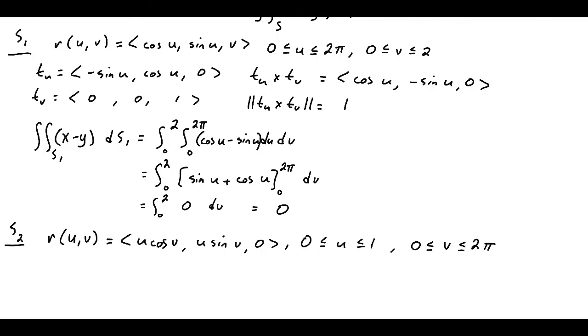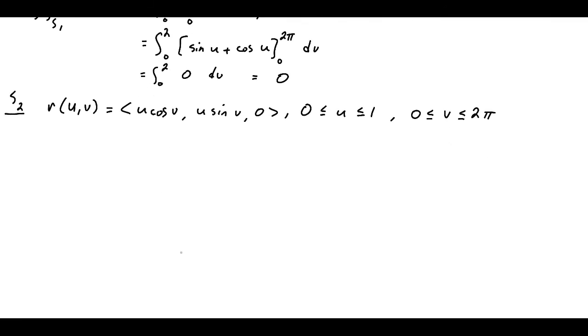Now let's find t sub u. T sub u is equal to angle bracket cosine v, comma sine v, comma 0, close angle bracket.